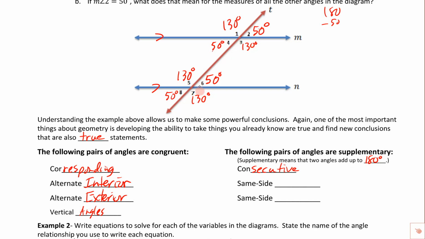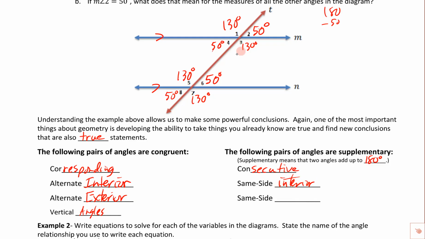Now the same thing would be true down here, but take a look at this. 3 and 6 are next to each other, that's 130 and 50. 4 and 5 are next to each other, so that's 130 and 50. As long as they're consecutive, as long as they're next to each other, then they would be supplementary. We also have same side interior.